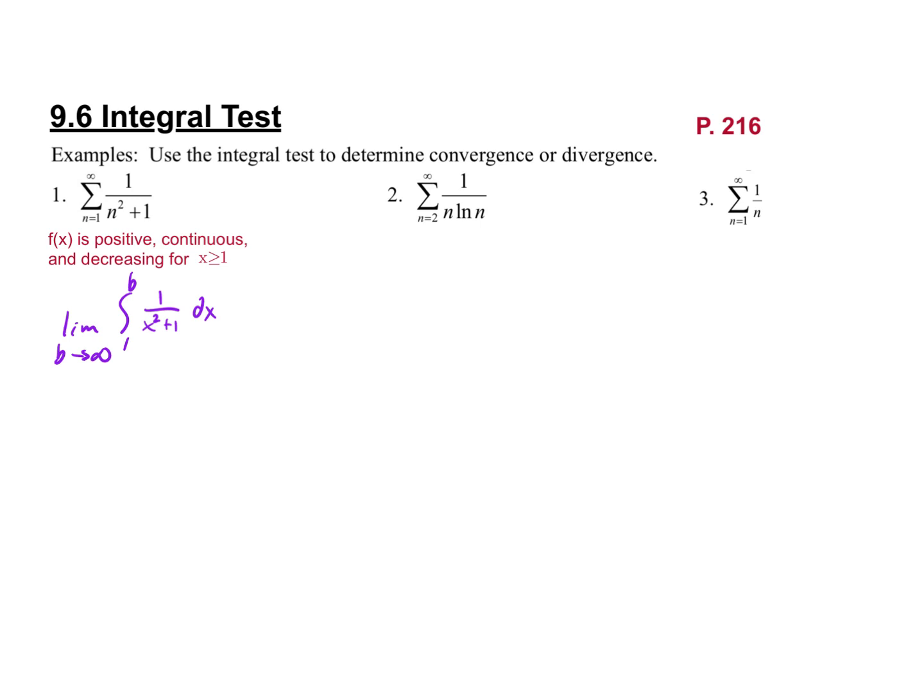So when I integrate this, what I end up with is a limit as b approaches infinity, and we maybe even used t before, but whatever this variable is, it doesn't really matter. So this is the arctangent of x from 1 to b. Well, we have to know how to do that. Okay.